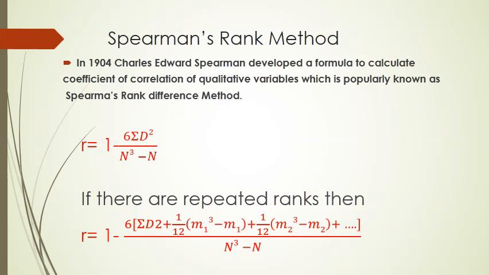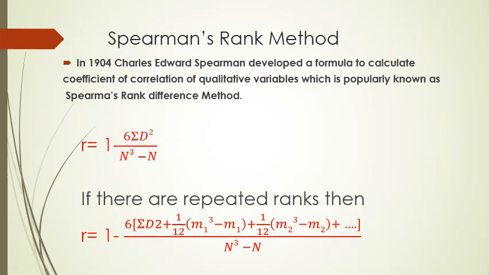If we have qualitative variables, how can we find the relationship between them? In 1904, it was Charles Edward Spearman who developed a formula to calculate the coefficient of correlation of qualitative variables. This method is known as Spearman's rank difference method.